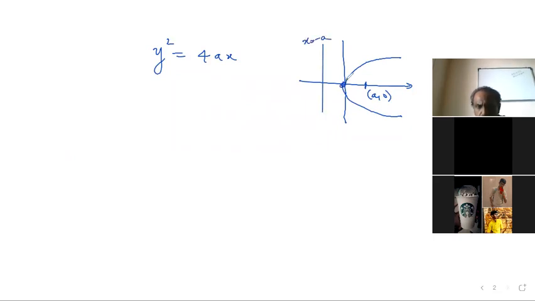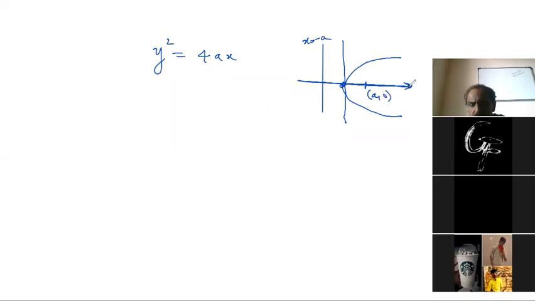The vertex of the parabola, what is meant by vertex? Look at this. This parabola's curve is symmetric about the x-axis. What do you mean by symmetric about the x-axis? If I keep a mirror on the x-axis, the reflection in the mirror will be the remaining part of the parabola.